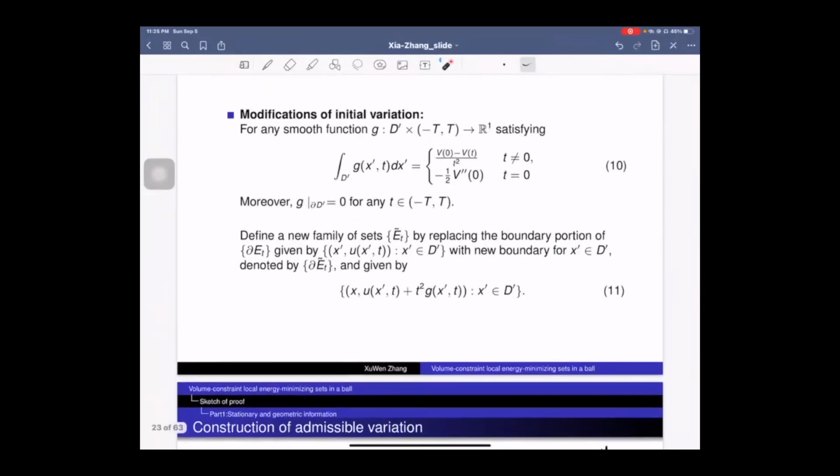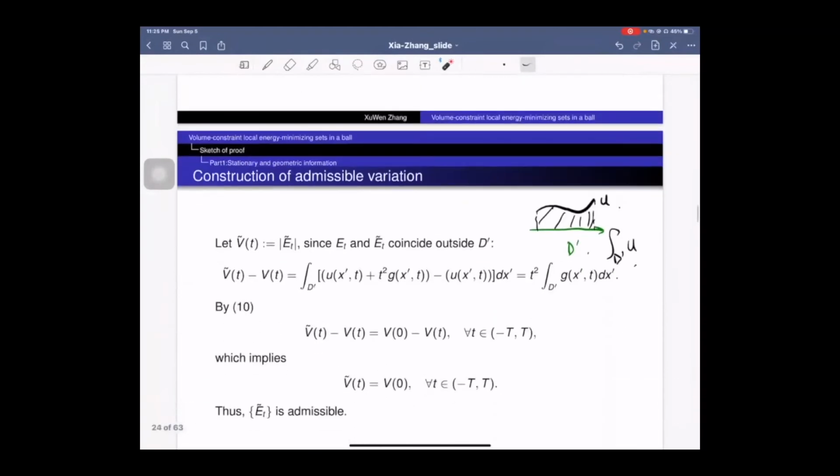And that's why we define g to be this, because we can plug in this to see that the difference of the volume is indeed V0 minus Vt.